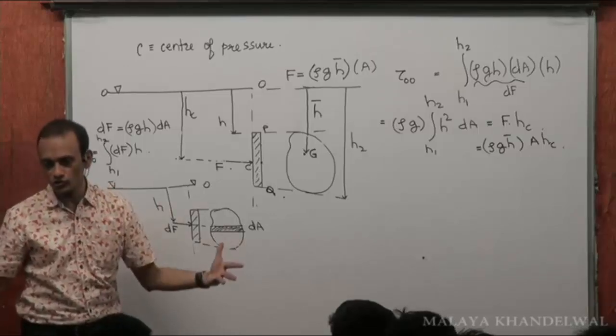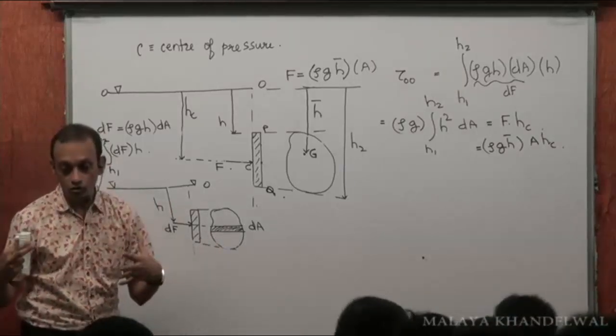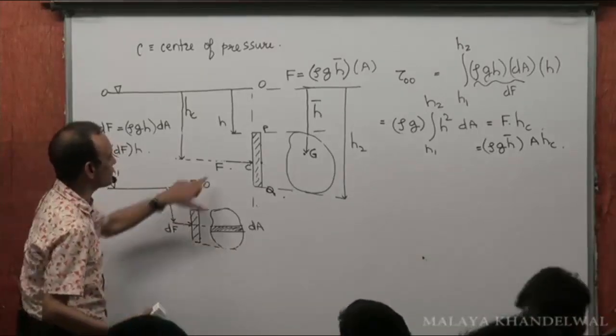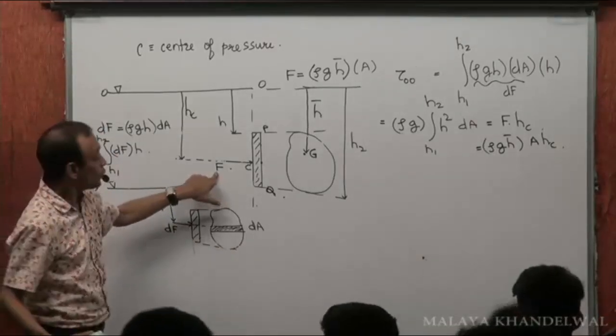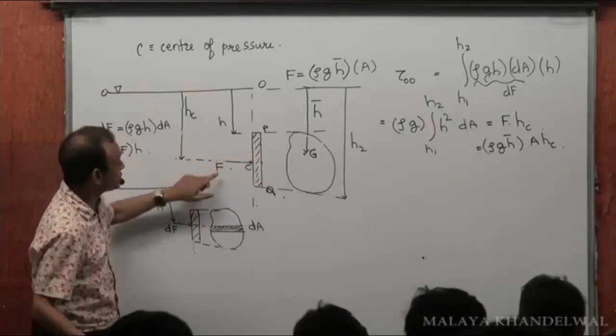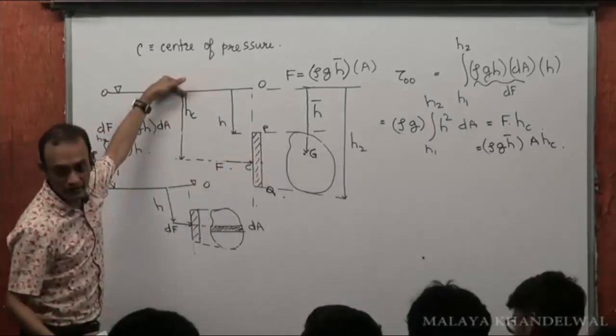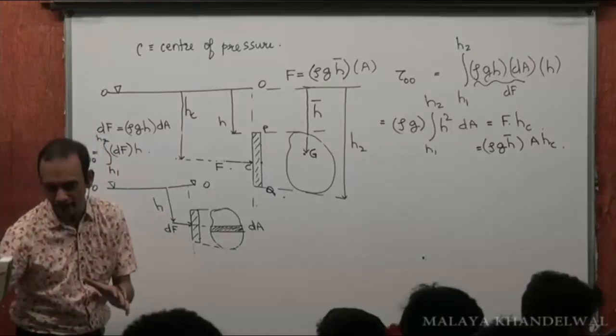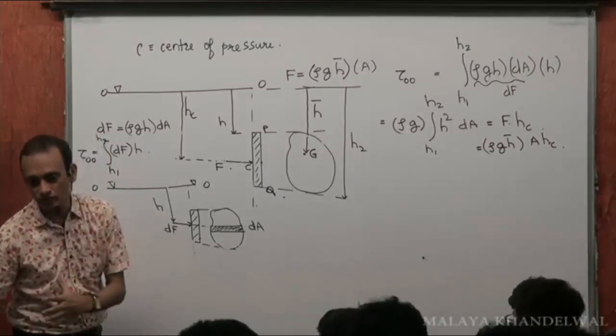F is the sum of all those forces, right? So instead of taking all these dFs, if I have a total force F, where should this F be acting so that the torque this F produces is the same as the torque that all these dFs that constituted F were producing about the free surface?